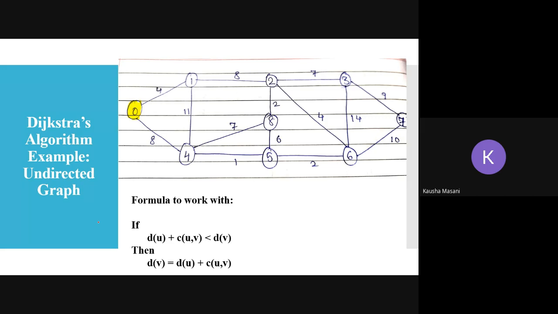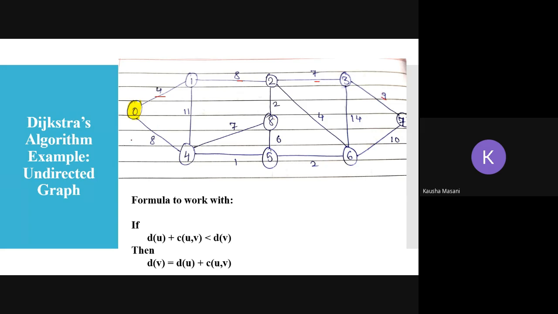Like from 0, if I want to reach till 7, then what will be my shortest path? From 0, if I want to reach till 8, then what will be my shortest path? If you simply observe the diagram, you can calculate these distances, 4 plus 8 plus 7 plus 9. That will give you some value.